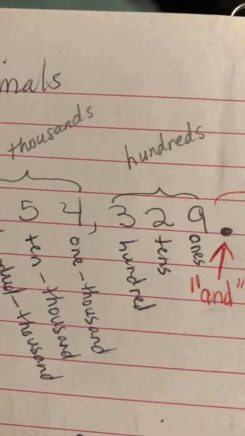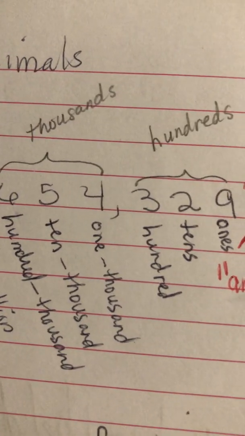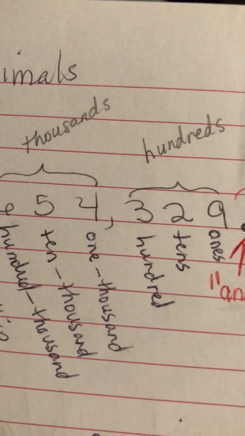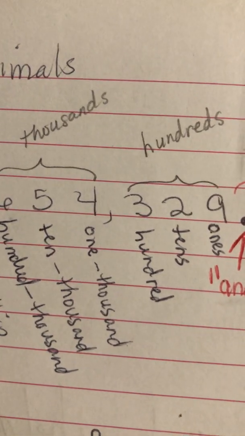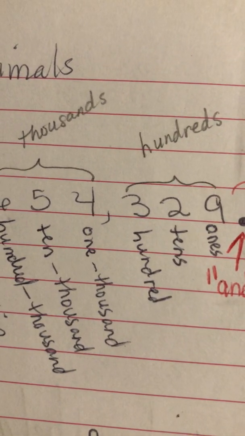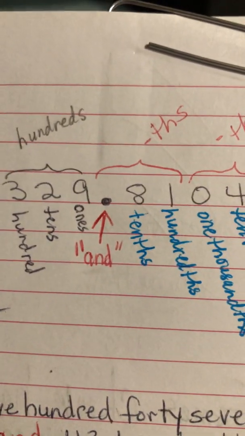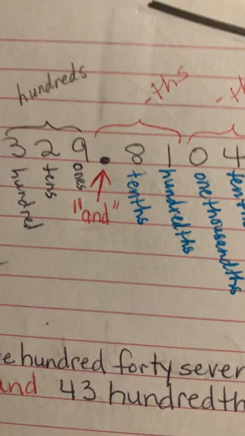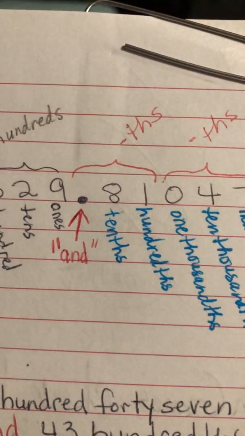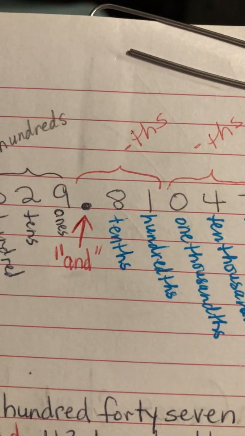Well, the same thing happens going the other way on the decimal, except the very first spot does not start with ones. And everything in the decimal position actually ends with a THS. So that's how you can tell if a number is in a decimal form: if it ends with THS.